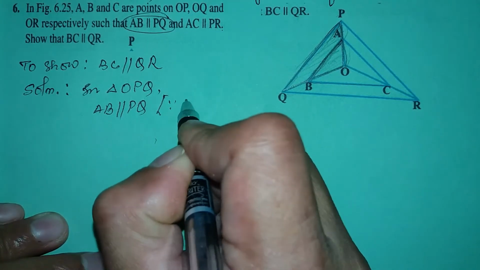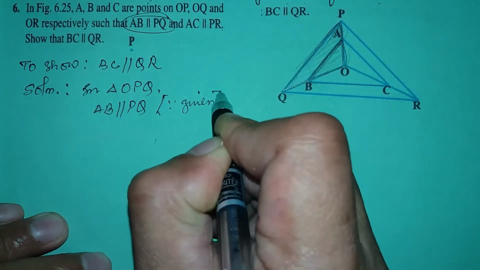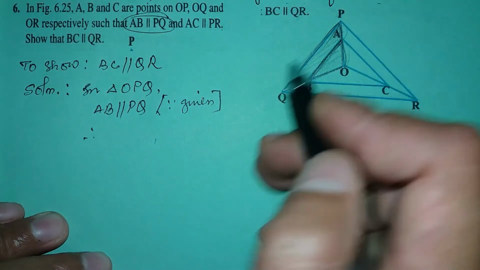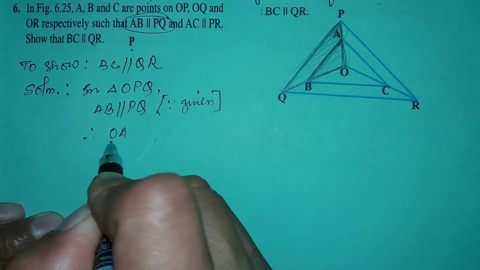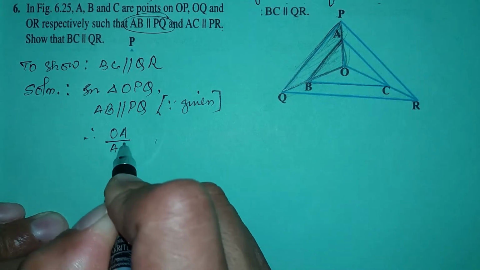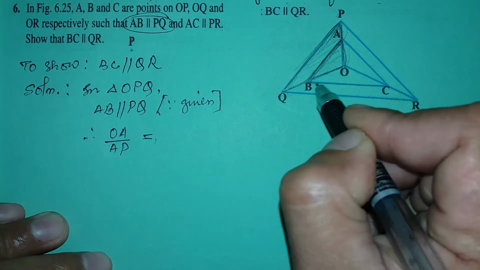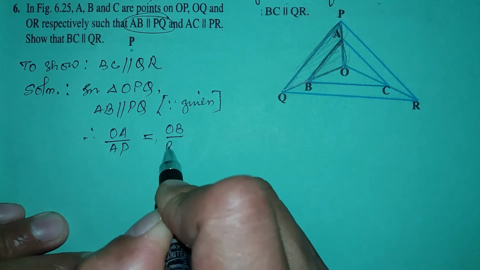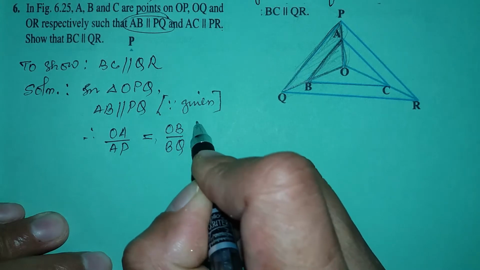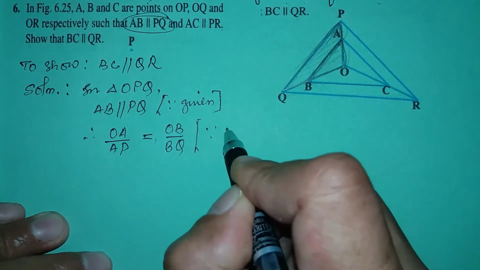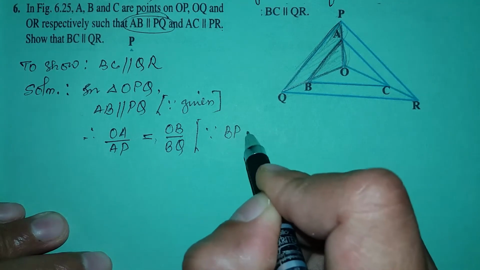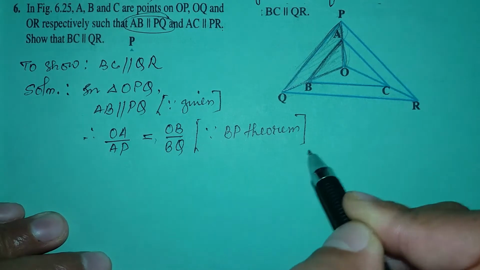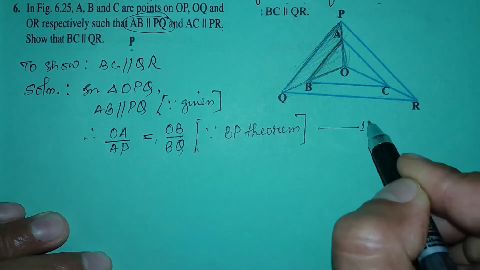Therefore OA by AP is equal to OB by BQ. This is the basic proportionality theorem. Let's call this 1.